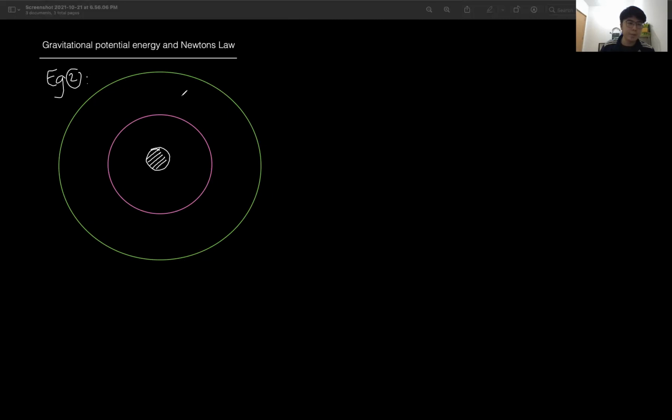Okay, example 2. Let's say we have a satellite moving in orbit number 1, the outer one. Then let's say it runs into some air resistance and falls down to a lower orbit.